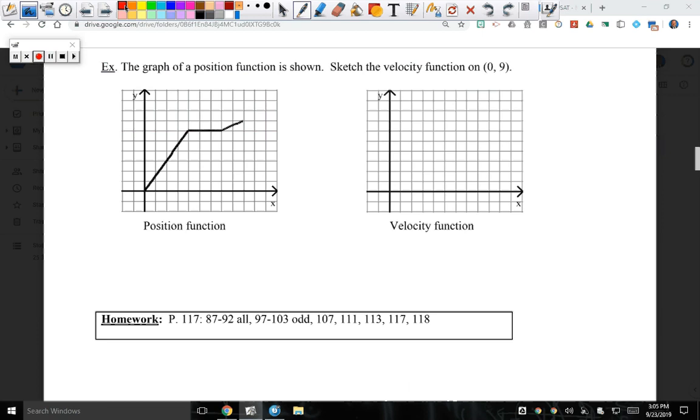Here we go. So the graph of a position function is shown, and we're going to sketch the velocity function. Can someone tell me what is the velocity on this position function at 0?